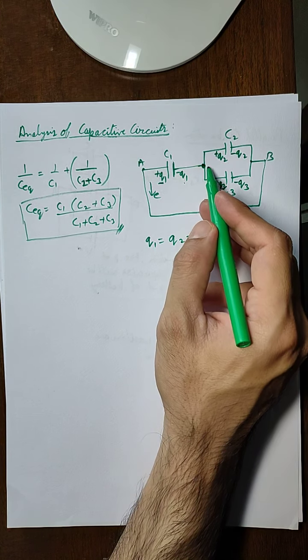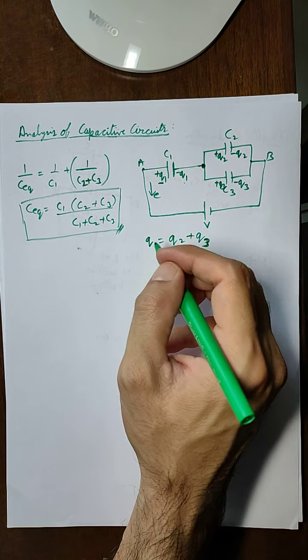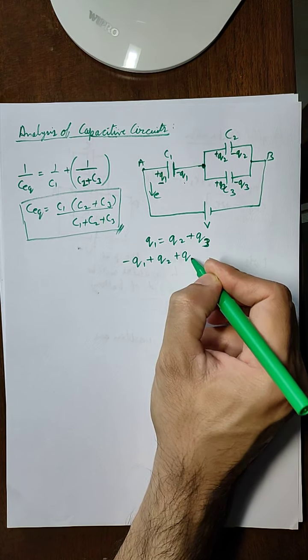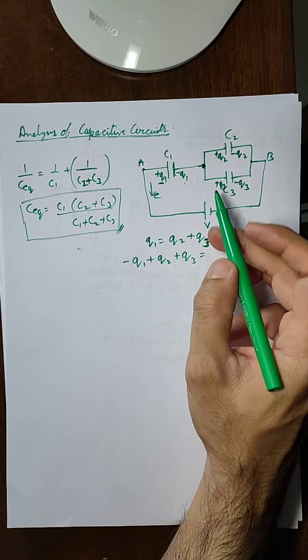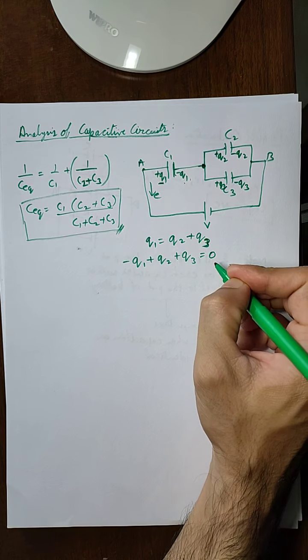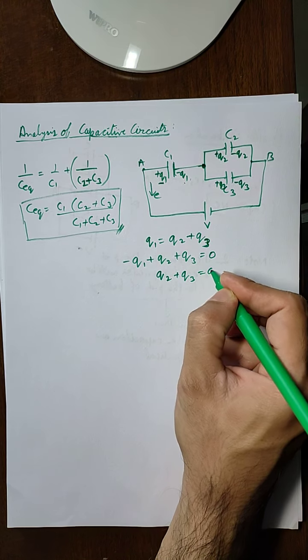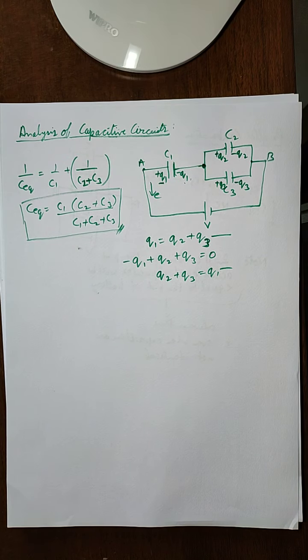So the sum of all the charges on this junction should be equal to 0. So we can write minus Q1 plus Q2 plus Q3 at this junction equal to 0, or Q2 plus Q3 is equal to Q1. So we see that we get the same result. You can use either concept to justify this.